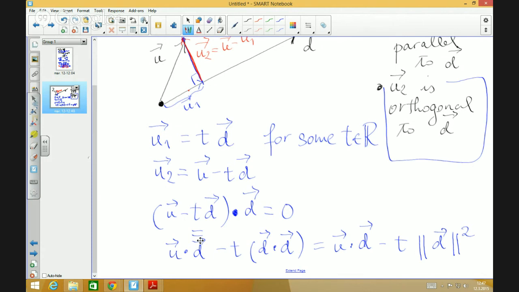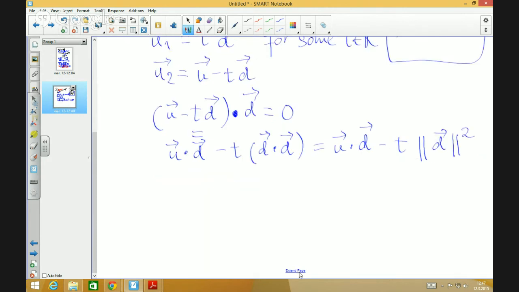And now we know what t is. So let me rewrite this thing. Since this thing here is 0, t must be equal to the dot product of u and d divided by the length of d squared.